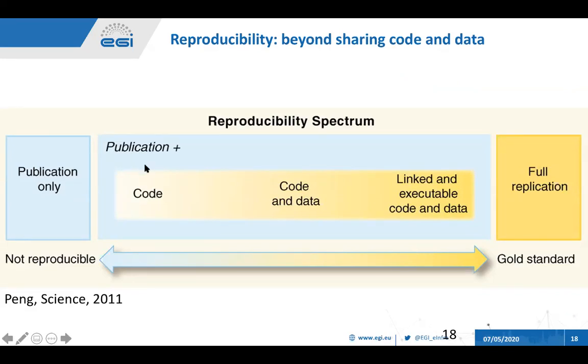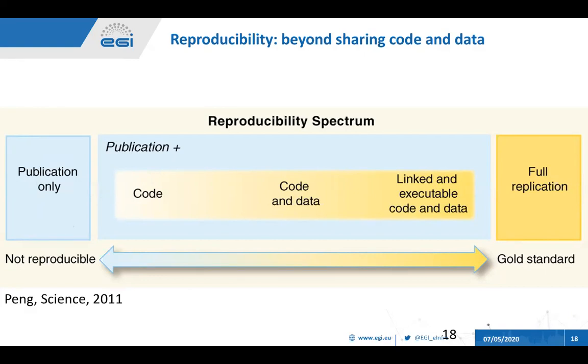So you have the basic or non-reproducible kind of publications where you have just a text, it's a PDF. You need to read it and understand it, and maybe you can extract from there some knowledge that will allow you to reproduce the thing, but normally it's not enough to really replicate or reproduce the research.